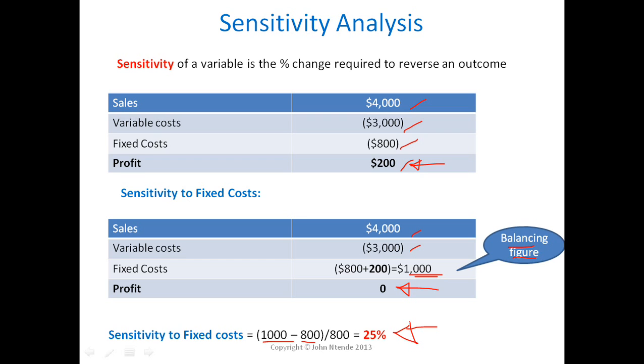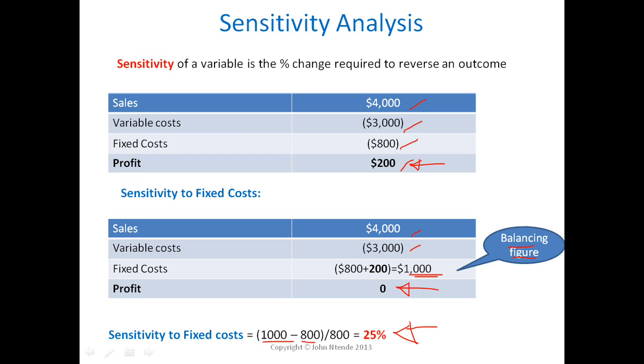But what does this mean to management? So for instance, if you have two variables, in this case you have fixed costs, which is 25%, and let's say the sensitivity of the variable cost, now this is just an assumption, is 10%. Okay, so you can see that the lower the percentage, the higher the sensitivity the project is to that specific variable.